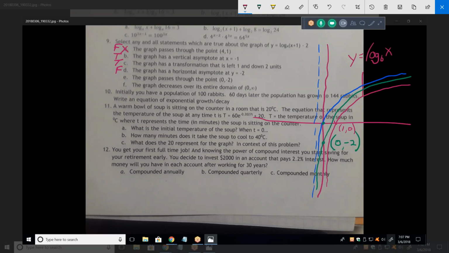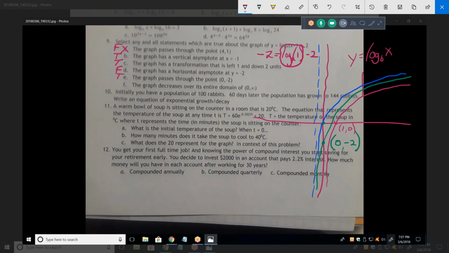The graph passes through the point 0, comma minus 2. True. Yeah, because does that mean this is true? The log of 1 is always 0, no matter the base. So yes, that is true.